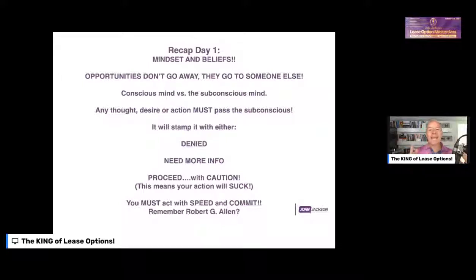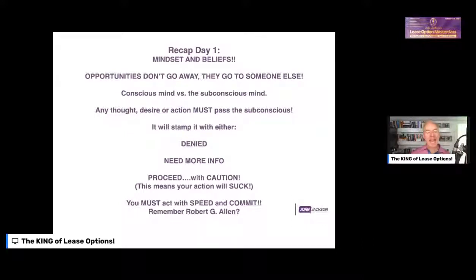So you want to take action as quickly as possible to literally bypass the subconscious. When you have that opportunity, don't hem-haw about it. Don't go, well, I better go talk to my husband, I better go talk to my wife. No, boom, take action. Because successful people take action quickly and they adjust. Unsuccessful people never decide, and therefore they remain unsuccessful.